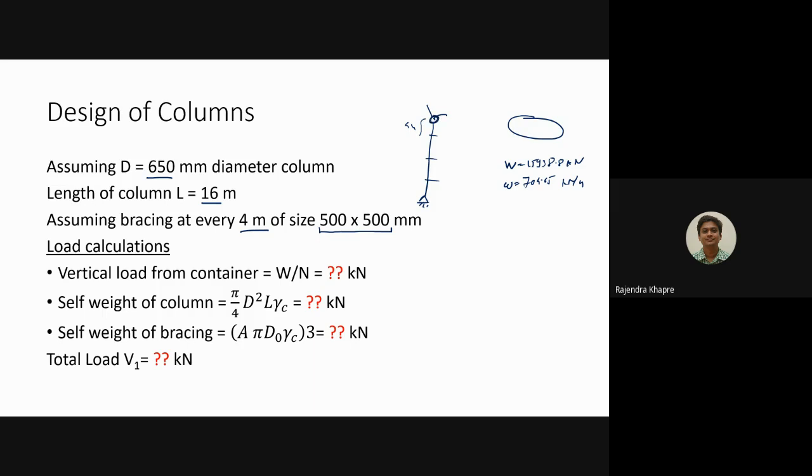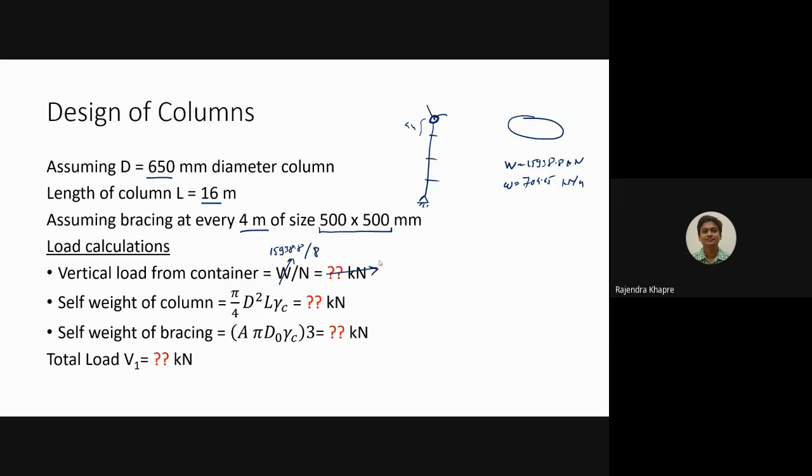If you are calculating the load on each and every column, all you have to do is take this value of capital W, 15,938.8, divided by n. N is nothing but the number of columns. So this is the actual load in the column.